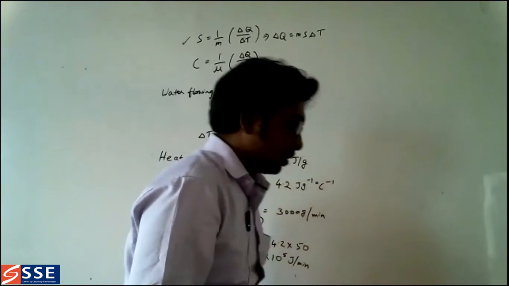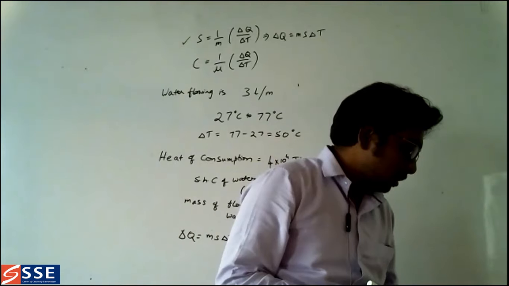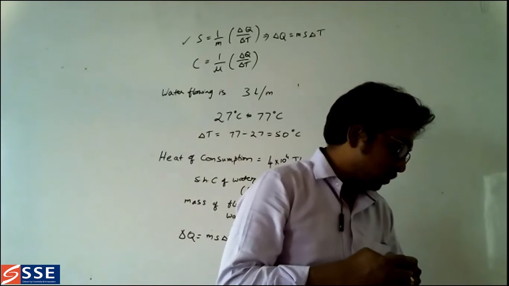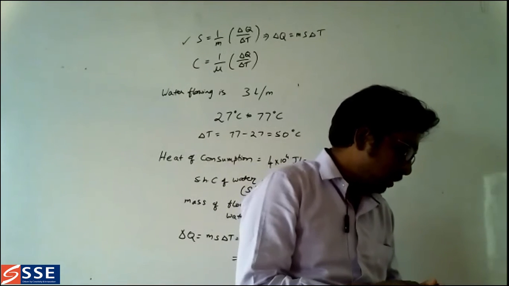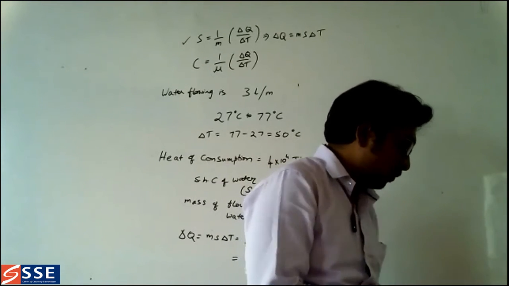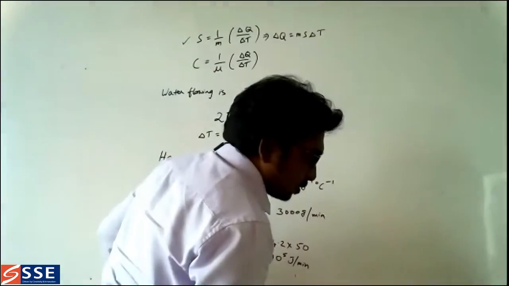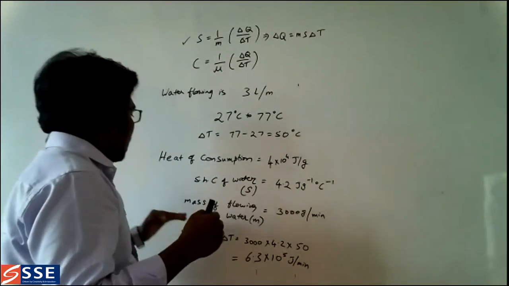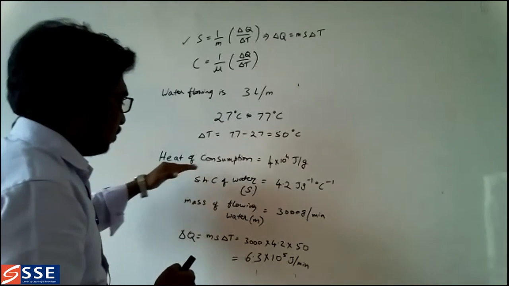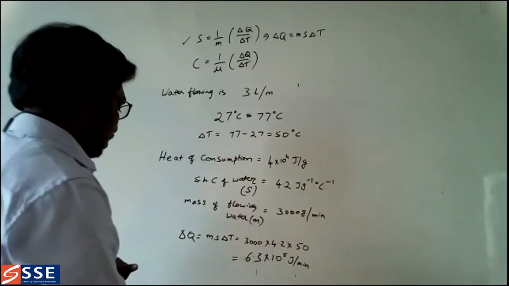So what do they ask? They ask the rate of consumption. So the rate of consumption means, so we are having the heat and the heat of consumption. So we have to divide the two, right?